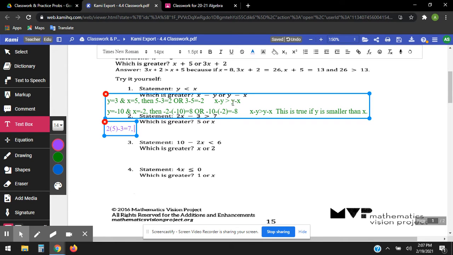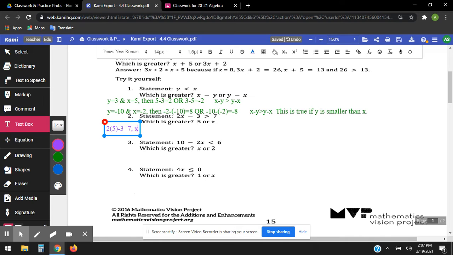So to make this 2x minus 3 greater than 7 true, x has to be greater than 5.